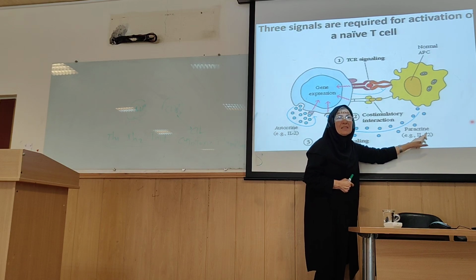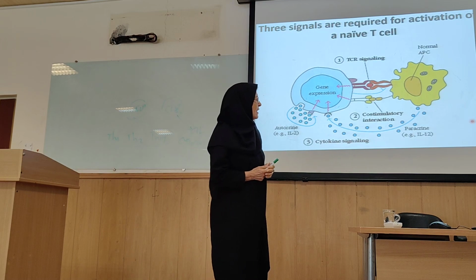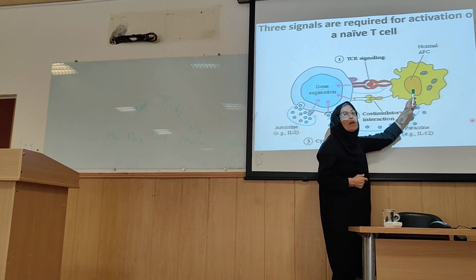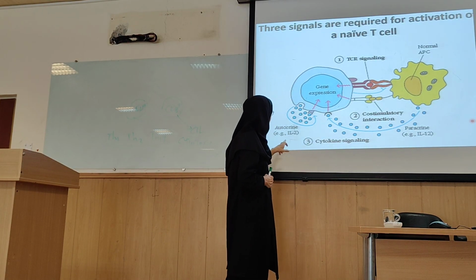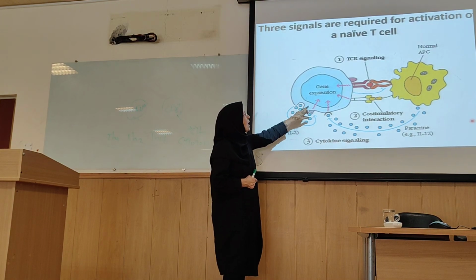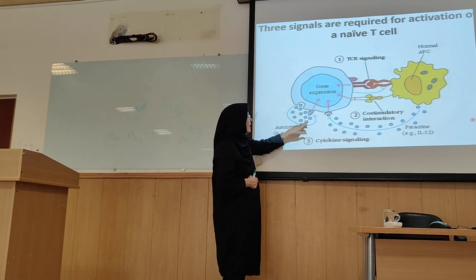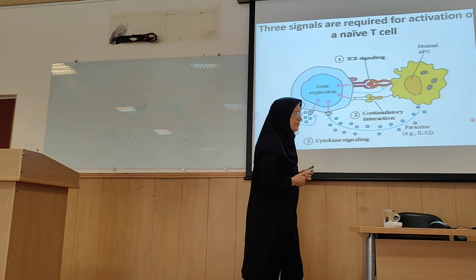Interleukin 12 is very important for activation of the T cell, and it is produced by macrophages or APCs. Another cytokine is interleukin 2, produced by T cells, which has an autocrine effect and paracrine effect.